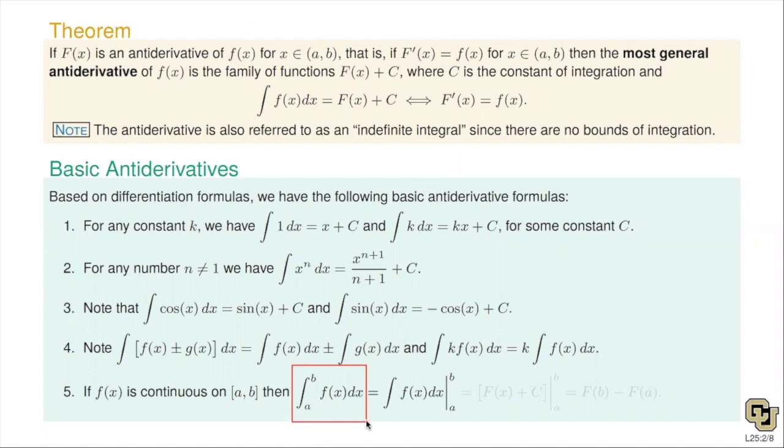The definite integral, the net area, is equal to, now look at the notation here very carefully on the right-hand side. The integral without the bounds, this part, is referring to this function right here. That's the antiderivative. The integral without the bounds is an indefinite integral or an antiderivative.